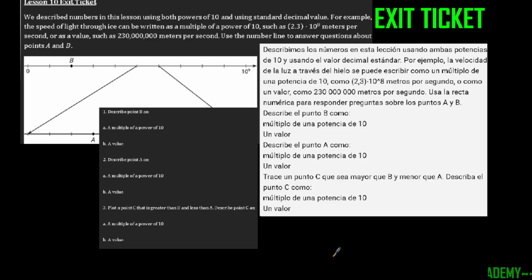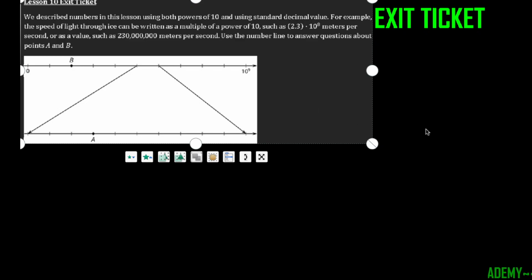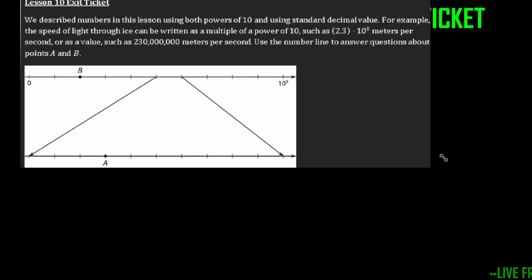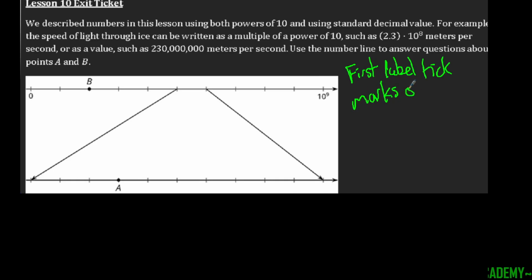So what you're going to have to do is this. You're going to first have to move, so let me actually move this around a little bit. And let me make that larger. So first, let's say label tick marks, let's say marks on both number lines.